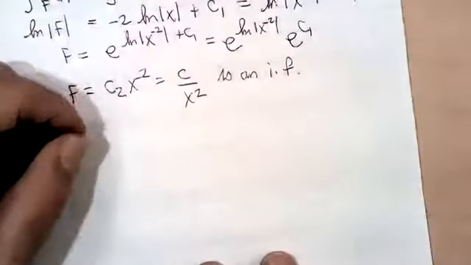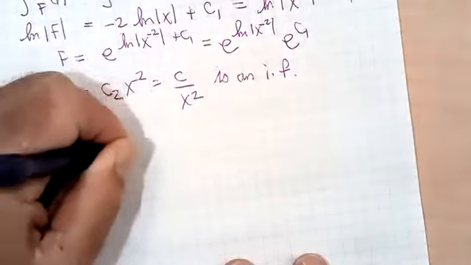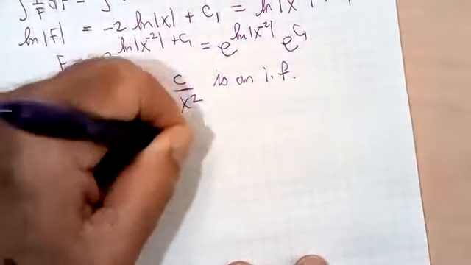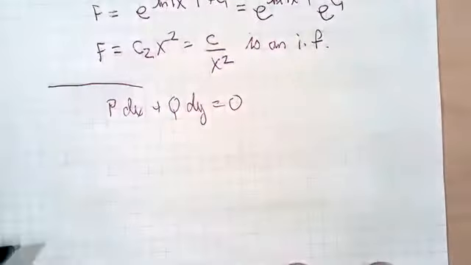Another way of thinking about that is this. We started with this, p dx plus q dy equals 0. And then suppose we multiplied it through by an f.